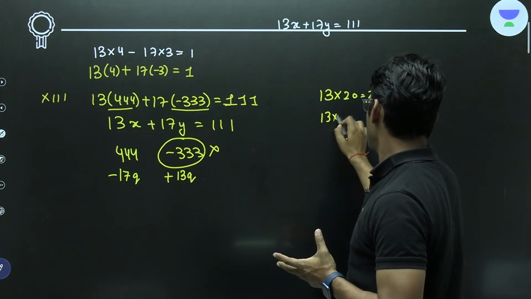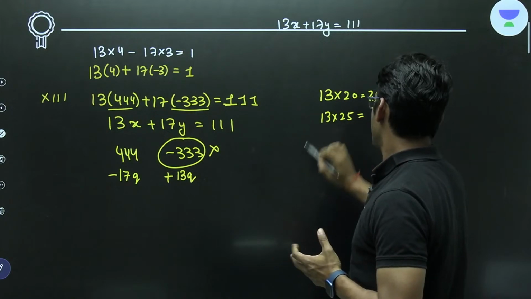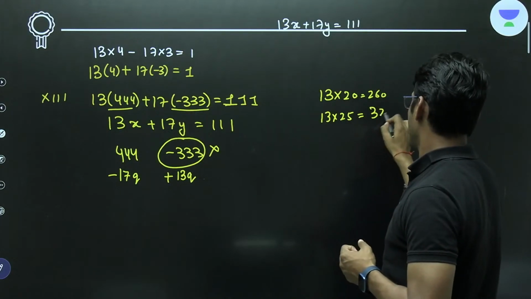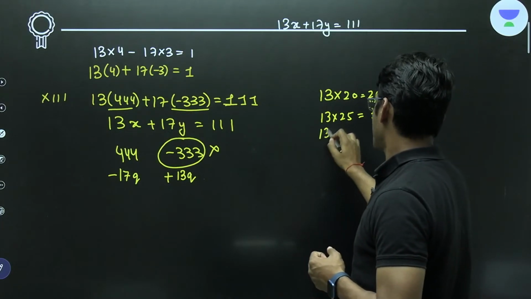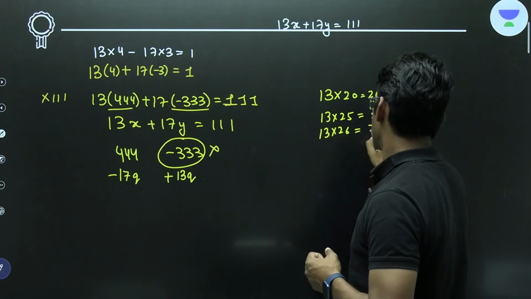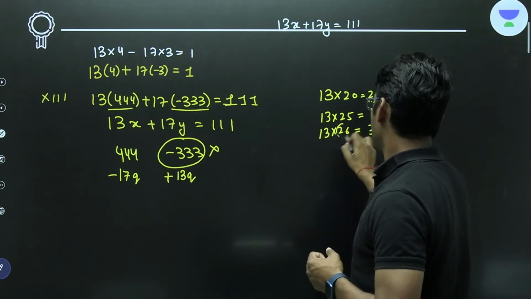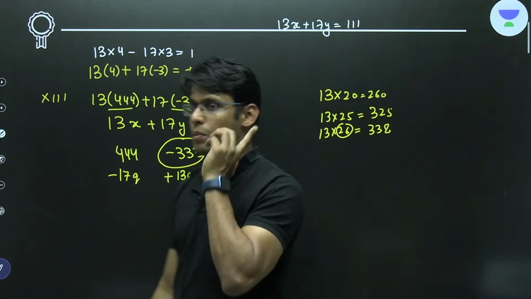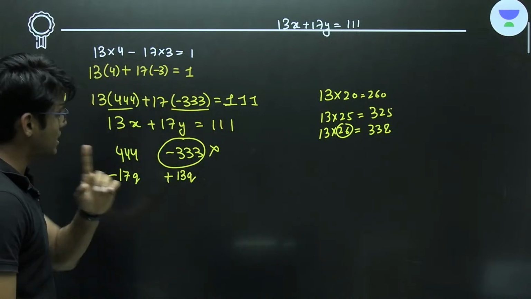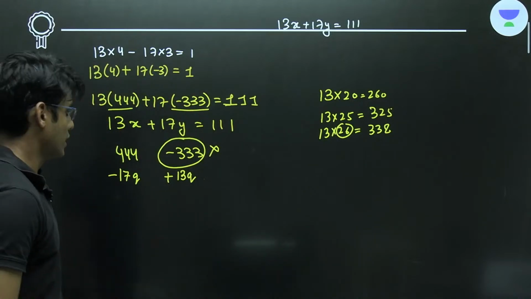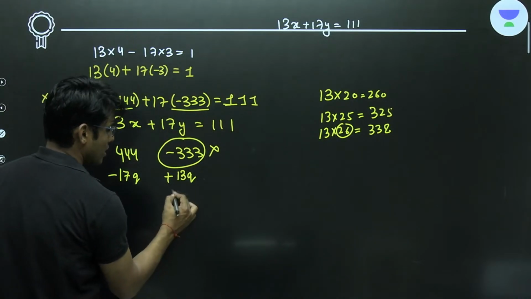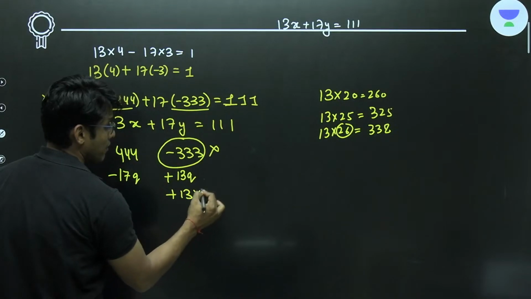Let's try 25. 25 times 13, 325. We are very close now. 13 times 26, 338. So we will use the 26th multiple. So add 13 times 26 here.